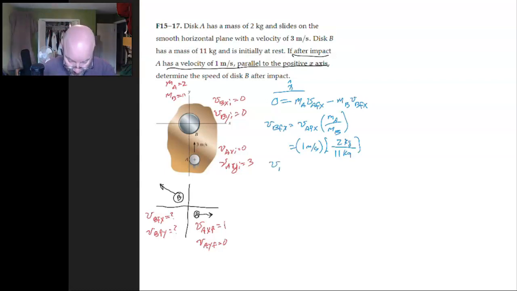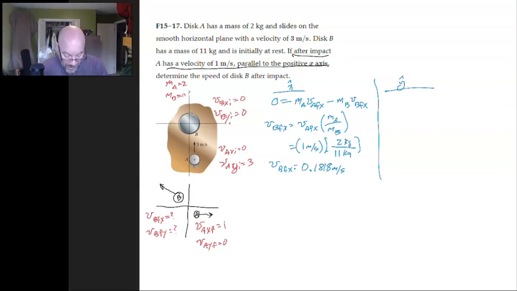So we work all that out and we get that VBFX is 0.1818. Okay, and again, I'm going to tag that extra digit around just in case I need to use this in the future. Now let's go in here and get what's happening with the Y components.